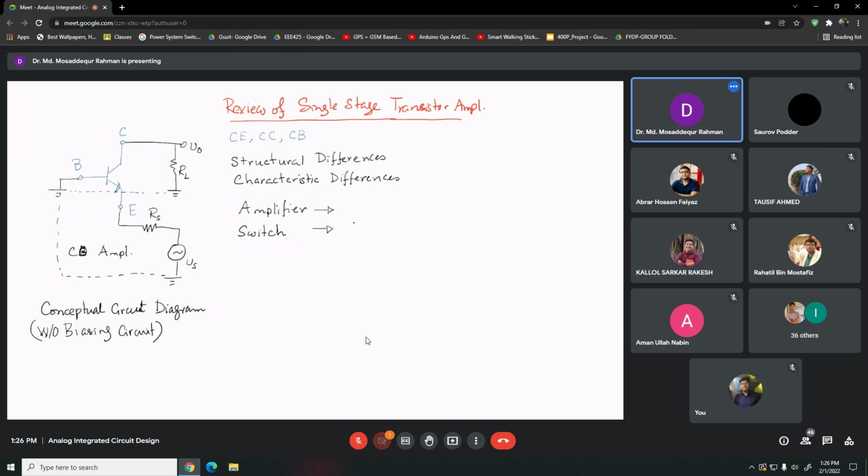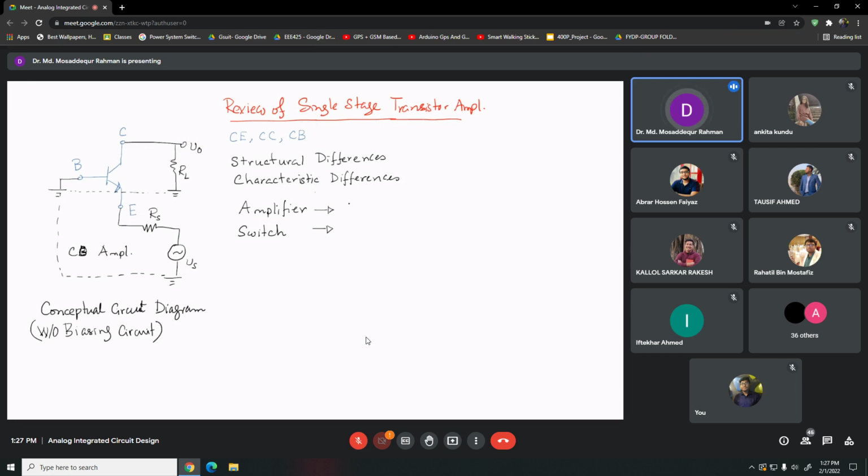Do you remember? What are those three modes? No, common emitter is a configuration. So active mode, saturation mode, and cut off. So three modes: active, saturation, and cut off.